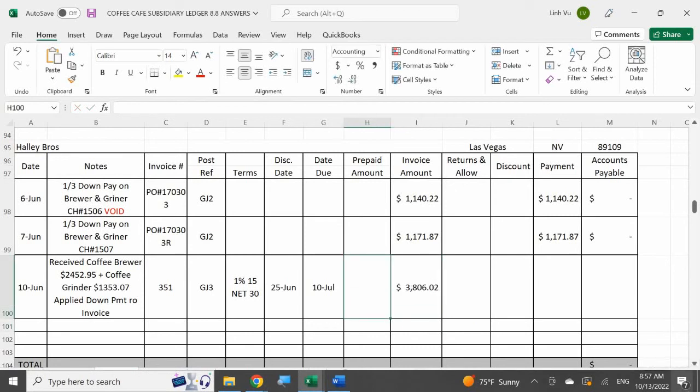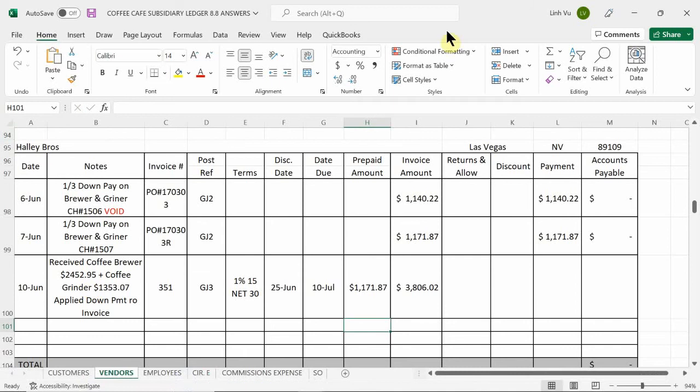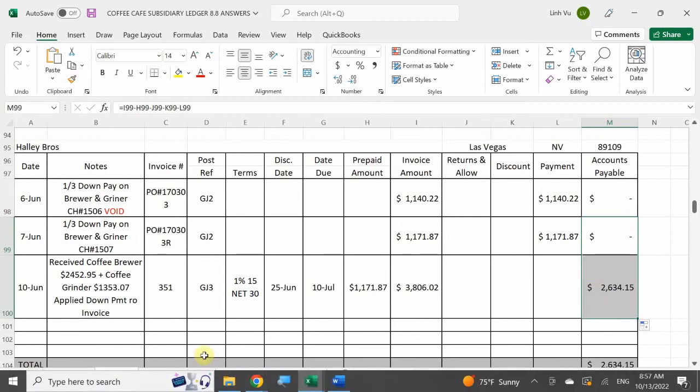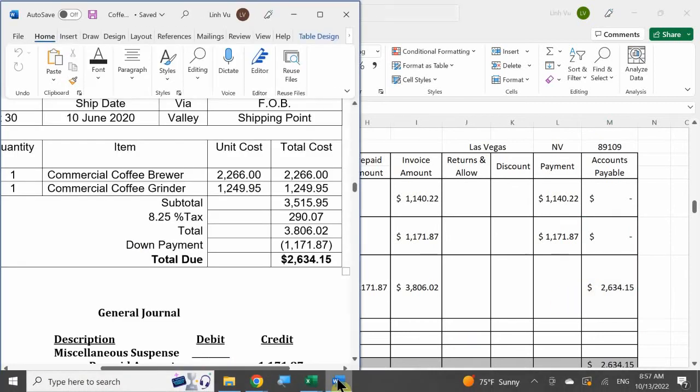And then how much was the down payment? $1,171.87. So that should give you your grand total down here, right? That you should owe $2,634.15. Is that what it says on your bill? Yes.